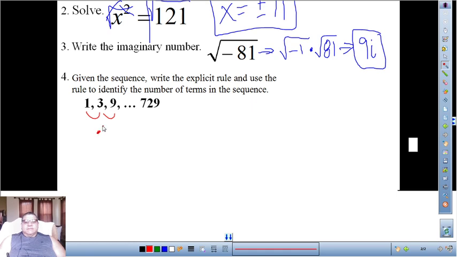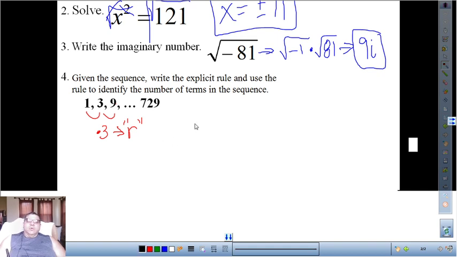Yeah, it's multiplying times 3. Or another way of looking at it is, what is 9 divided by 3? 3. What is 3 divided by 1? 3. So that means if it's multiplying or dividing, this is our r. If it's an r, that means this is a geometric sequence.